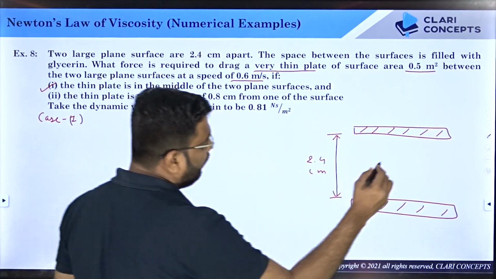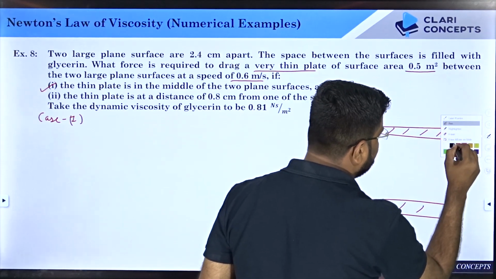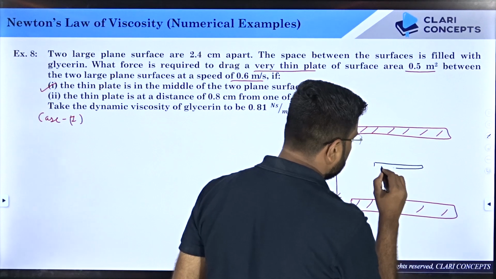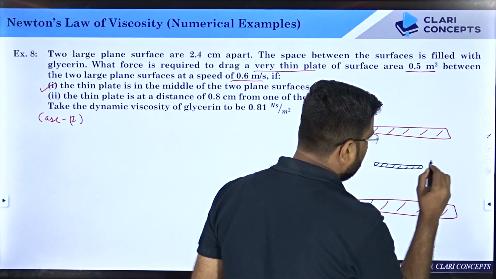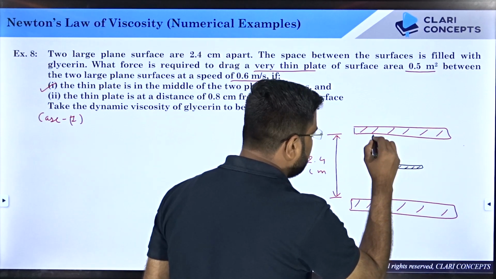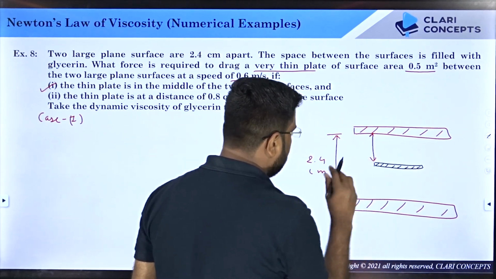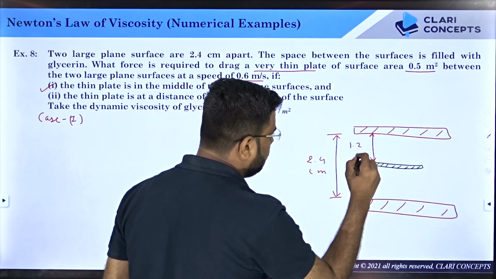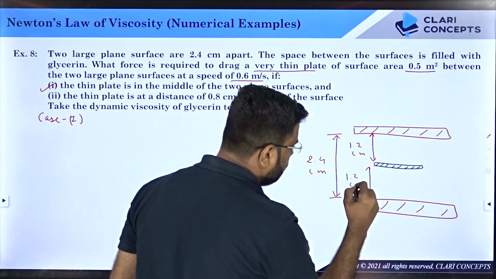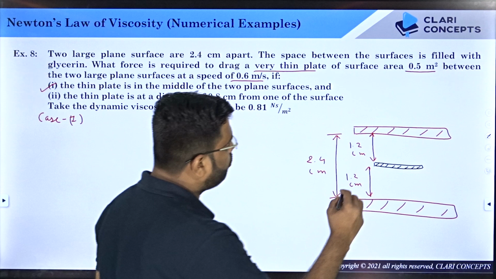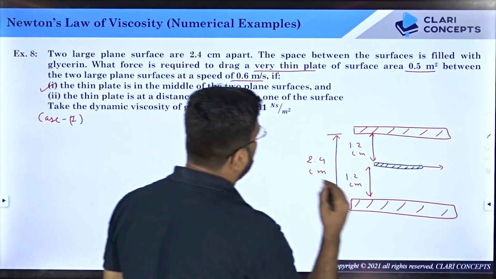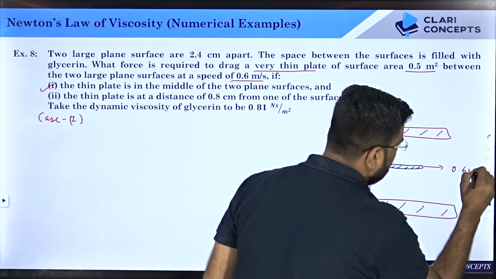The thin plate is located exactly in the middle of both. So the distance between the plate and each surface is half of this, 1.2 centimeter. This plate is to be dragged with a velocity of 0.6 meter per second.